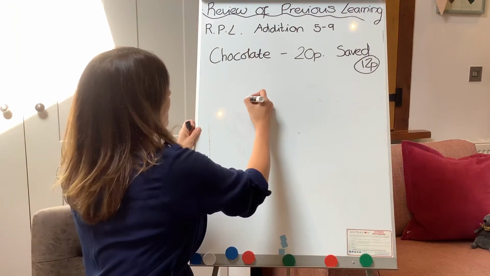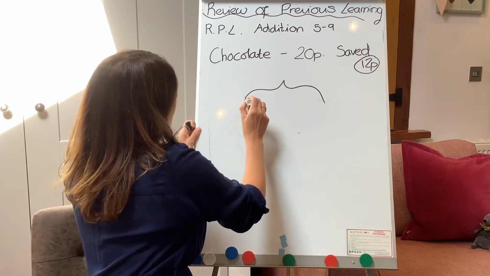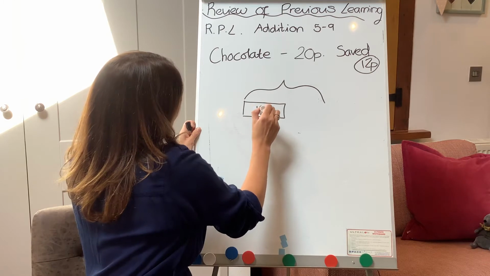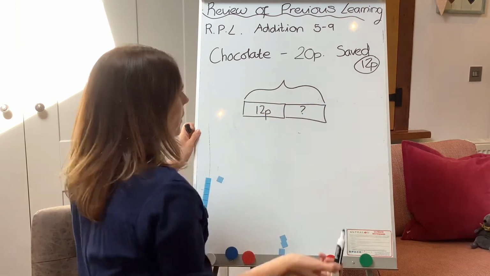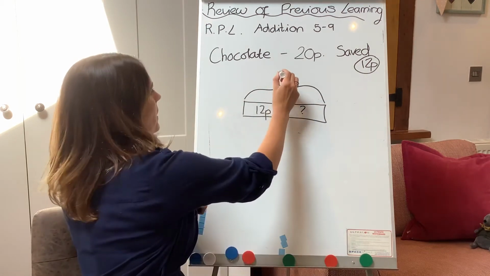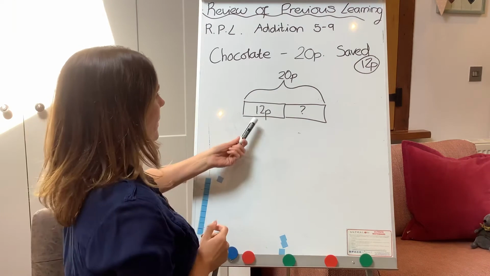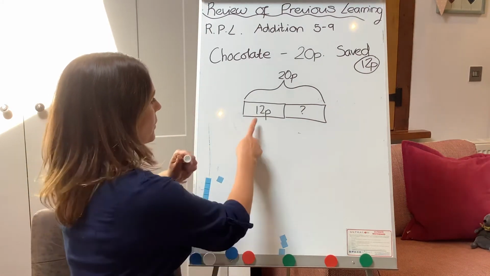So think of it in the bar model. You have saved 12 pence. We don't know how much more you need to get to 20 pence, but you need 20 pence altogether. So what are you going to do? Okay, so this is where the number bonds can come in. Do 12.